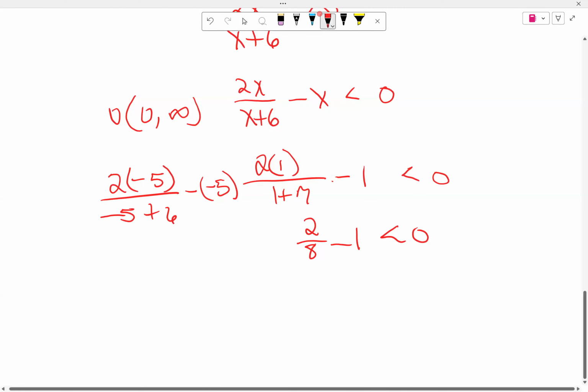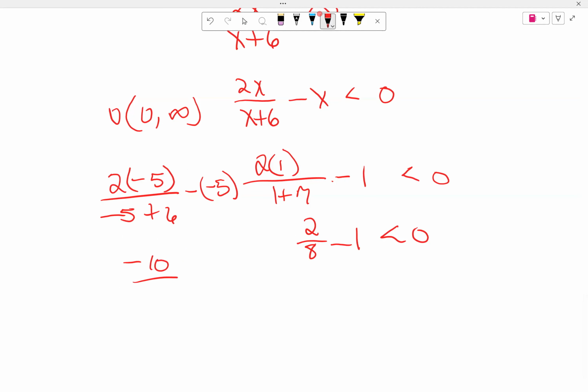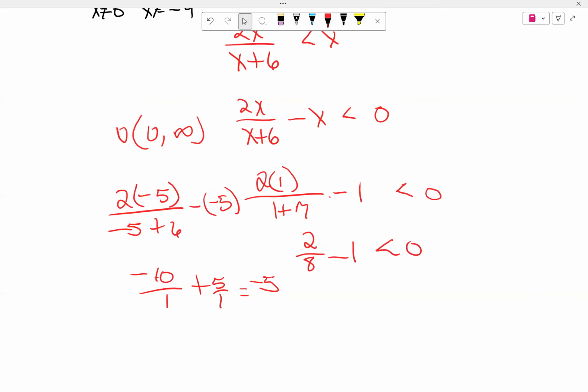So this is going to give you -10 over 1 plus 5 over 1. But I have to multiply this by 2, top and bottom. No, I don't. Actually, this is not a common denominator issue. If you notice, this also results in -5. Right? It's -10 plus 5. So yeah, that's a winner. This is definitely an interval that will work.